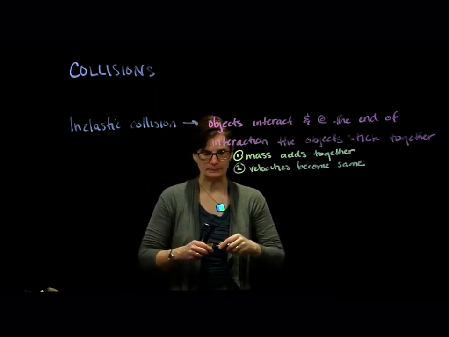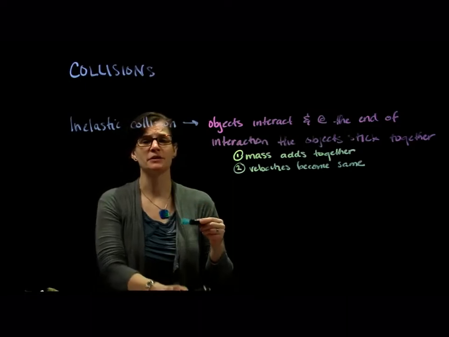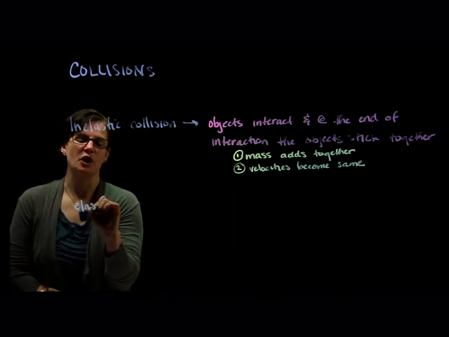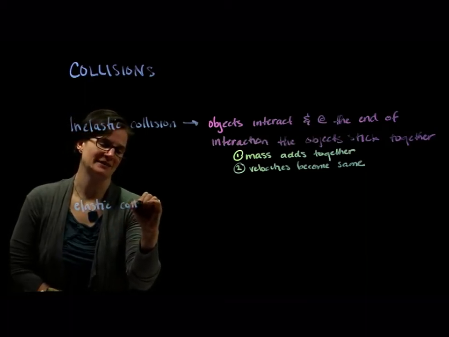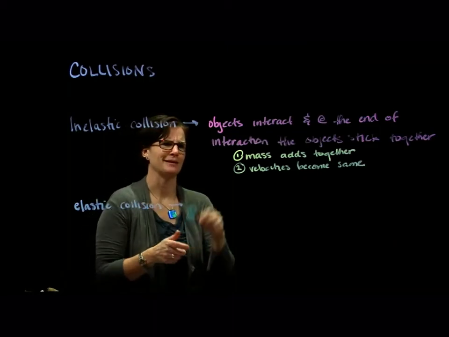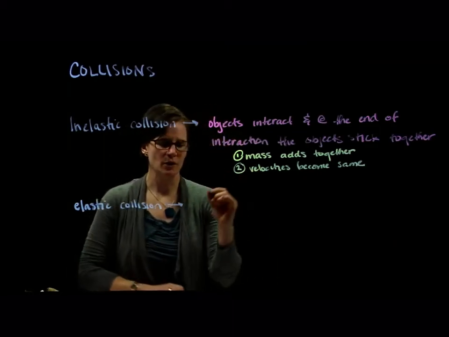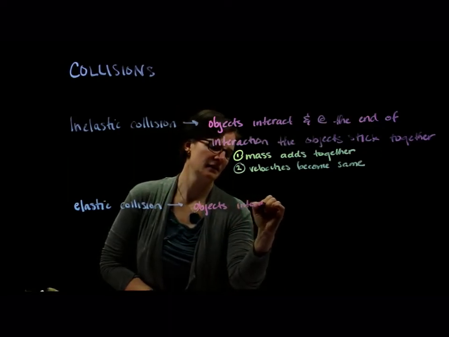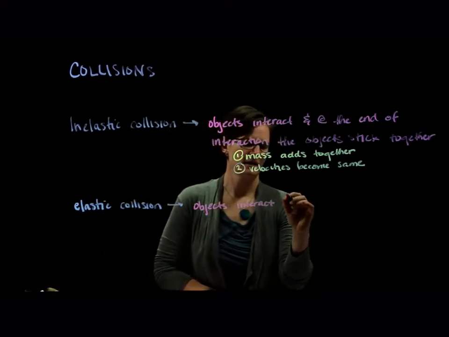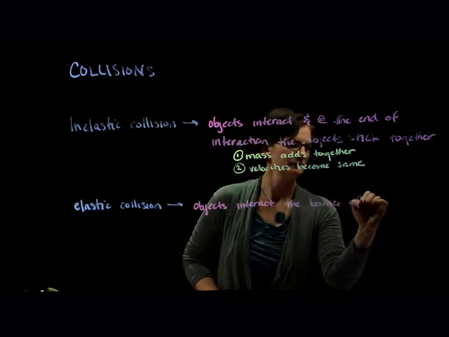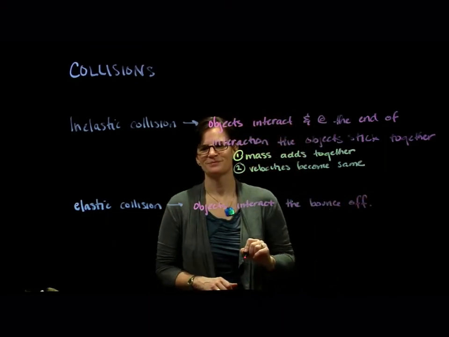They're stuck together. The second type of collision that we need to discuss is what we call an elastic collision. And as you might imagine, that's going to be the opposite of sticking together. So when objects interact, they bounce off one another.